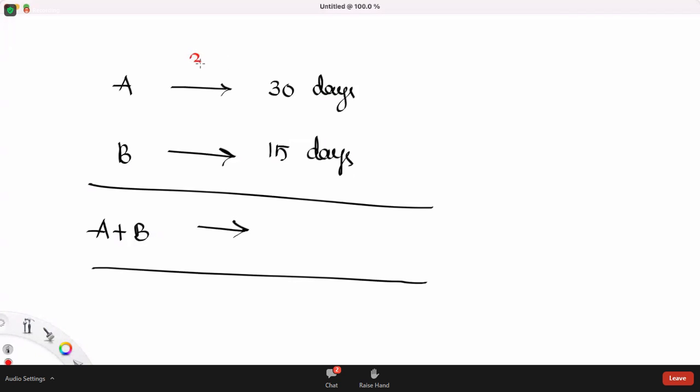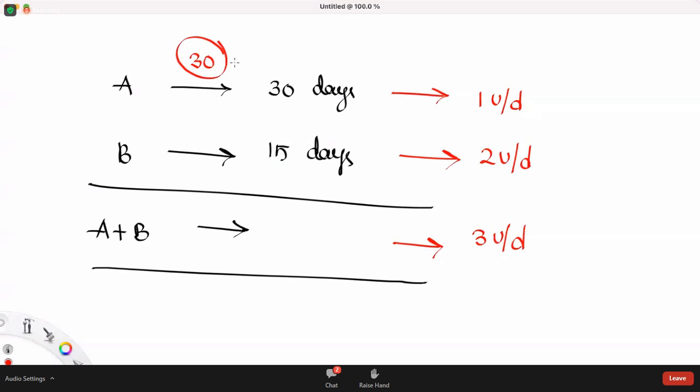The LCM of these numbers is going to be 30. A can do 30 units in 30 days. That means 1 unit in 1 day. B can do 30 units in 15 days. That means 2 units in 1 day. If both are working together, they can finish 3 units in 1 day. To finish the entire 30 units, it is going to be 30 by 3. That is going to be 10 days of time. Mark your answer as 10 days.